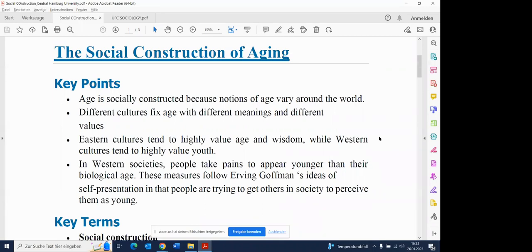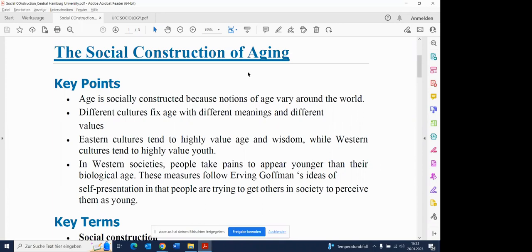The social construction of aging. We look at the key points. Point one, we have age as socially constructed because notions of age vary around the world. Different cultures fix age with different meanings and different values. Eastern cultures tend to highly value age and wisdom, while Western cultures tend to highly value youth.